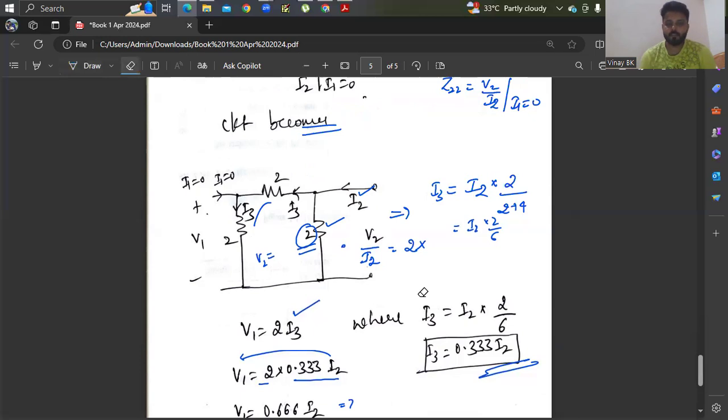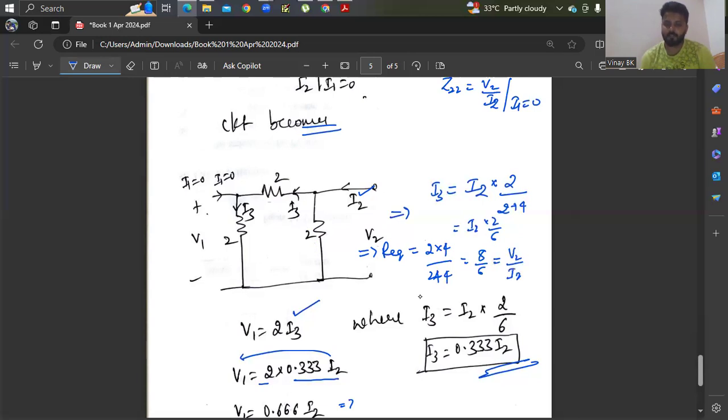It is nothing but the equivalent value of resistor you are writing. Okay. So now V2 by I2 ratio is nothing but R equivalent. How will you write R equivalent? 2 into 4 divided by 2 plus 4. That is nothing but 8 divided by 6. R equivalent is nothing but V2 divided by I2.